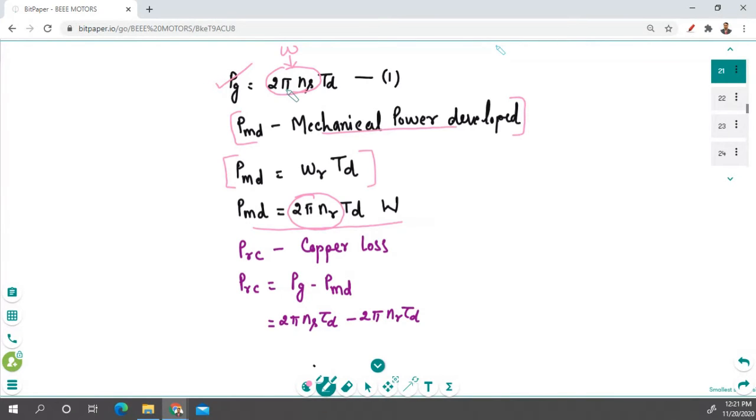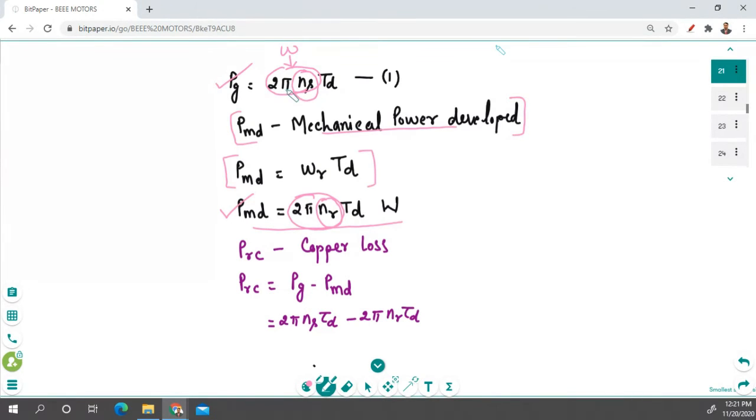So there is a slight difference right here. We are writing Ns and we are writing Nr. Nr is the rotor speed, and Ns is the speed of your stator part. So this speed is at your stator side and this speed is at your rotor side.